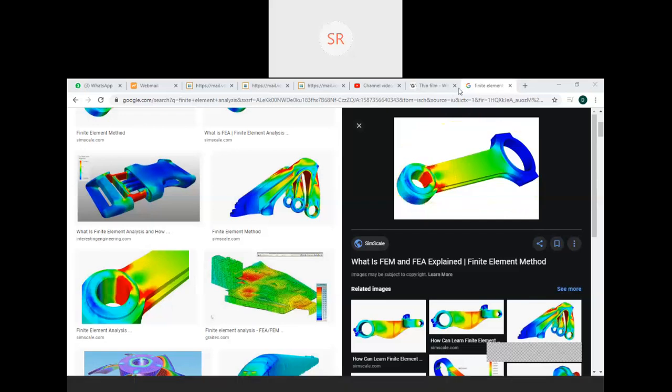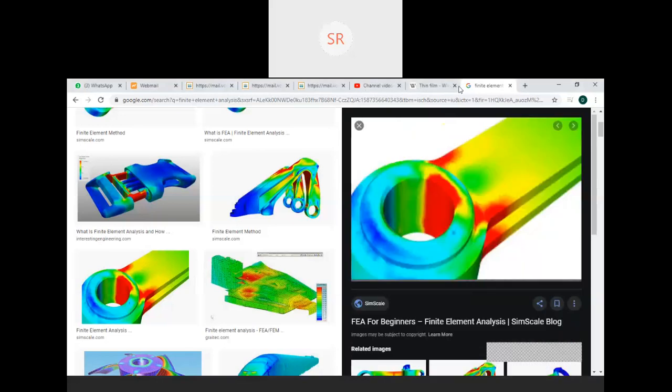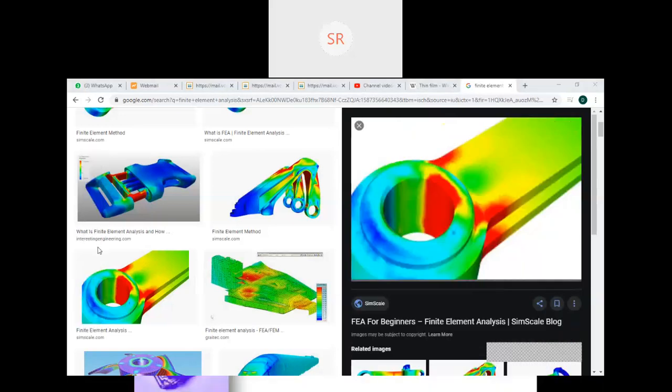Similarly here also, if you see the red part, this red part is saying that there's more stress falling on this, and maybe during the long run of operation, this part may break, or there's a possibility of a crack happening on this part.